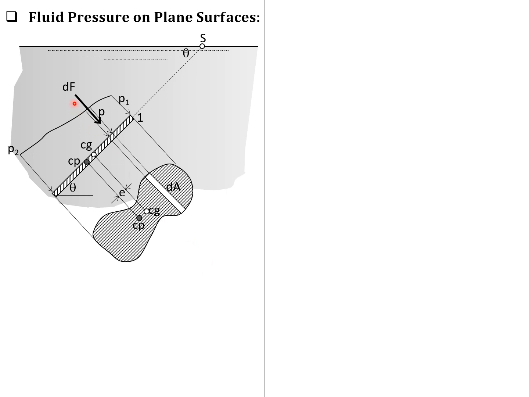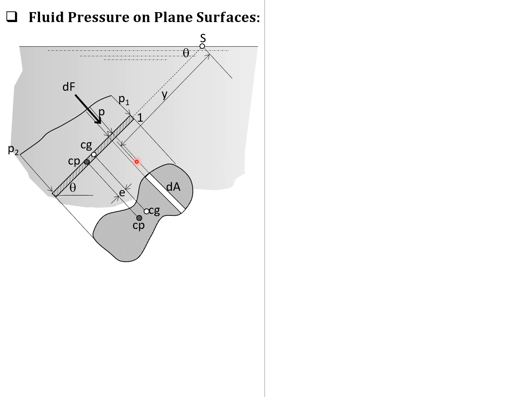And the corresponding force also is denoted by differential force because the area is very small. And remember the principle earlier that considering a very small area, the pressure is the same as long as every element of that differential area is equidistant from the liquid surface.